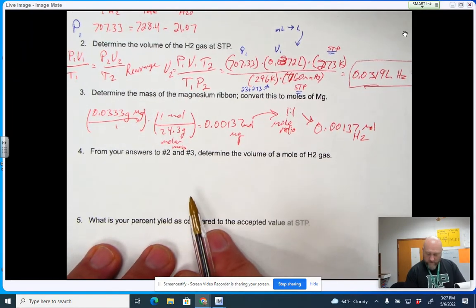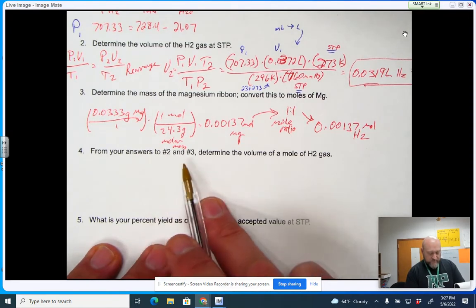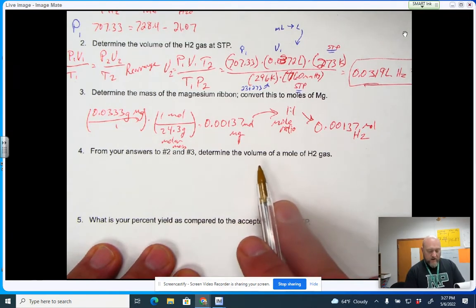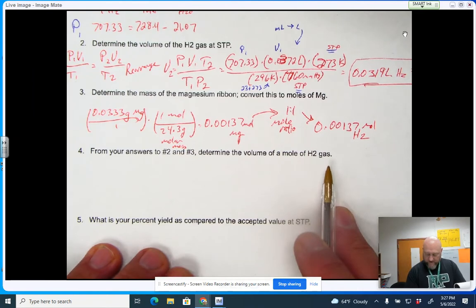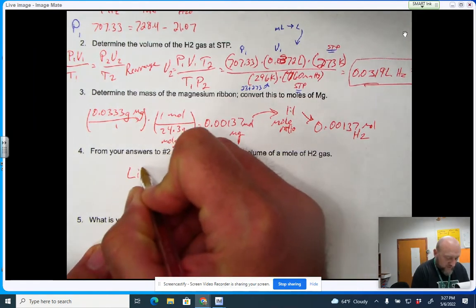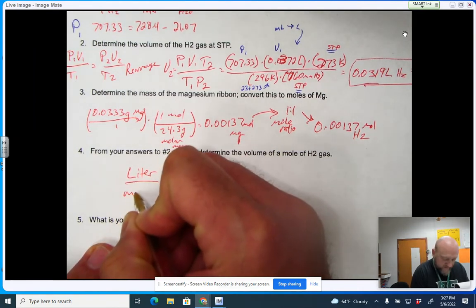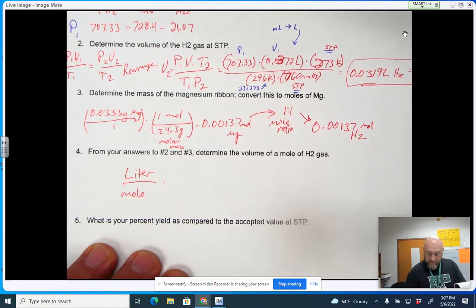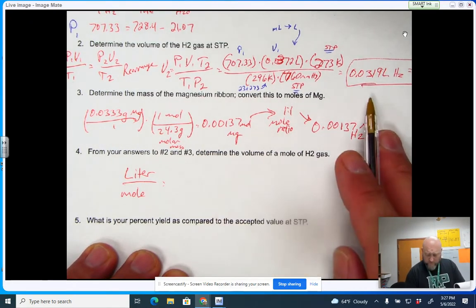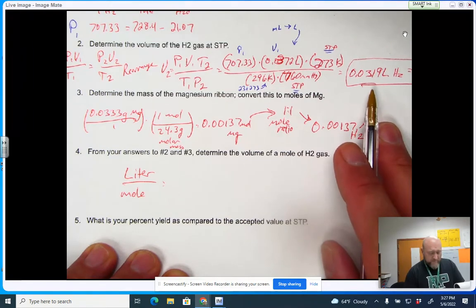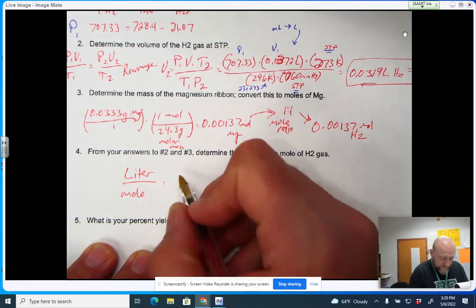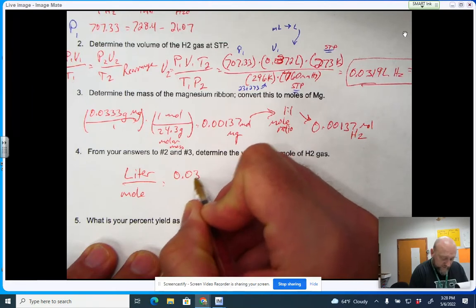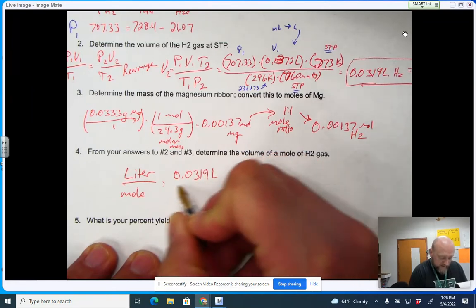Okay, question 4 says, from your answers in number 2 and number 3, determine the volume and moles of hydrogen gas. Well, volume would be in liters, and then of course we need to know how many moles it is. Well, the liters, we just determined what that is. Okay, that was up here with question number 2. So that's 0.0319 liters.